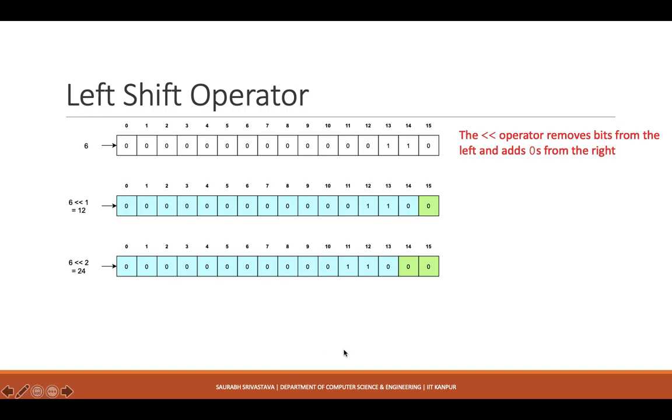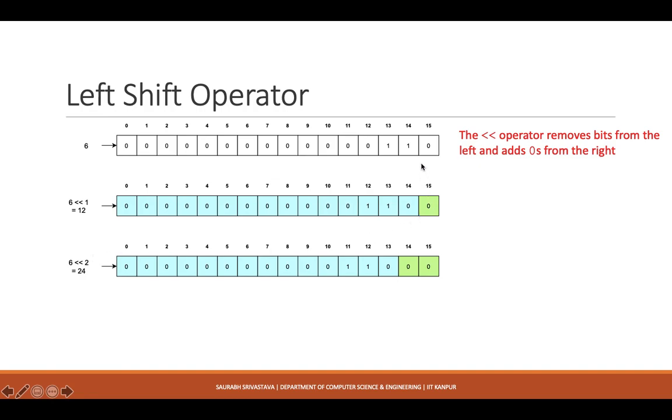Now I have 6 represented as this bit pattern. When I apply this left shift operator to it, this particular bit goes out and gets lost, and all these bits are shifted by one position to the left. You can see this 0 comes here, this one comes here, this one comes here, and so forth. Then there is a position that gets vacant, which gets filled up by a 0.